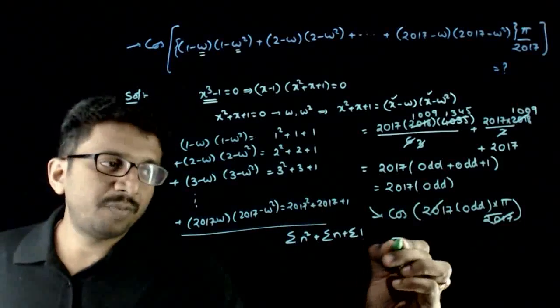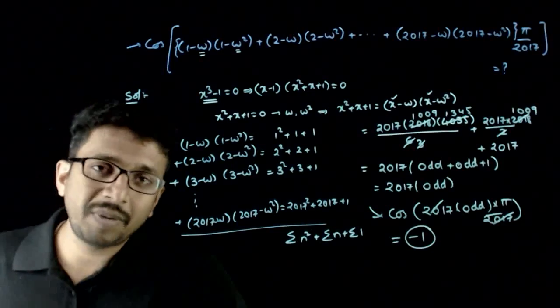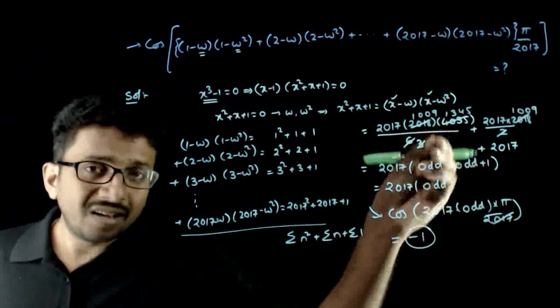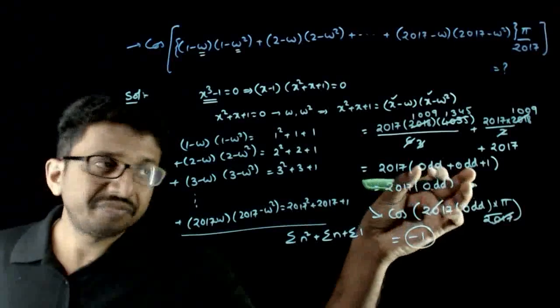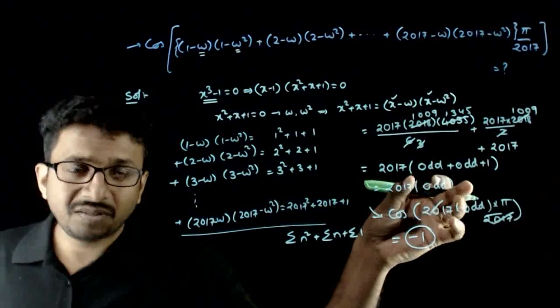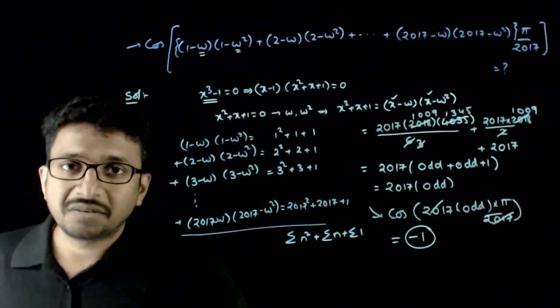Cos of an odd multiple of pi will be minus 1. If it is an even multiple of pi, it will be plus 1. If it is an odd multiple of pi, it will be minus 1. That's why I have clearly seen whether after taking out 2017, you are left with an odd number or an even number. You need to be careful about this in this question. So minus 1 is the answer. Thank you.